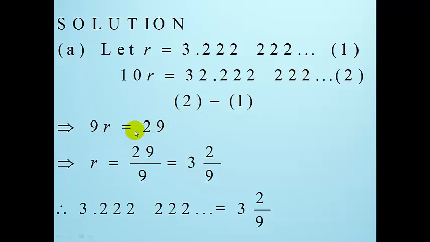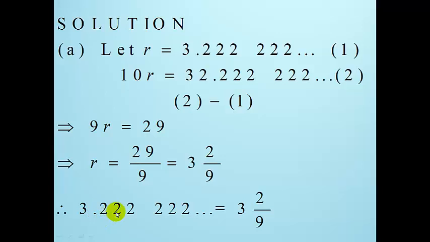Now if 9r is equal to 29 and we are solving for r, we have to divide both sides by 9. So dividing 9r by 9, we are left with r. And when we divide the right hand side by 9, that is 29 divided by 9. So r is equal to 29 divided by 9, and this is equal to 3 whole number 2 over 9 in mixed fraction.